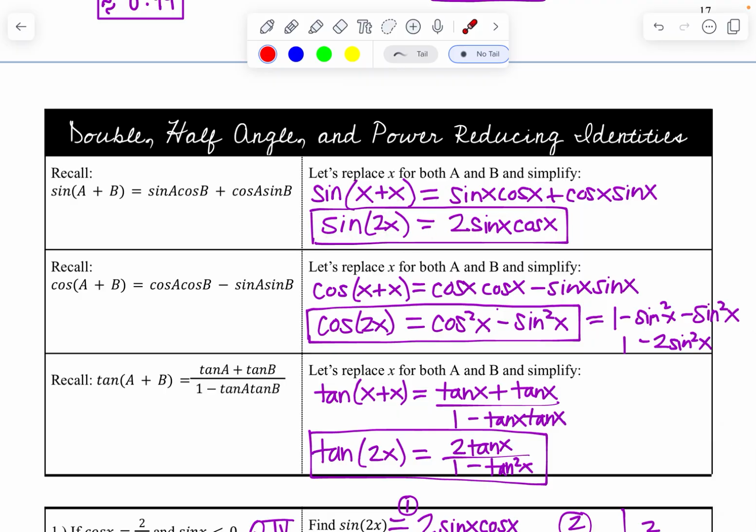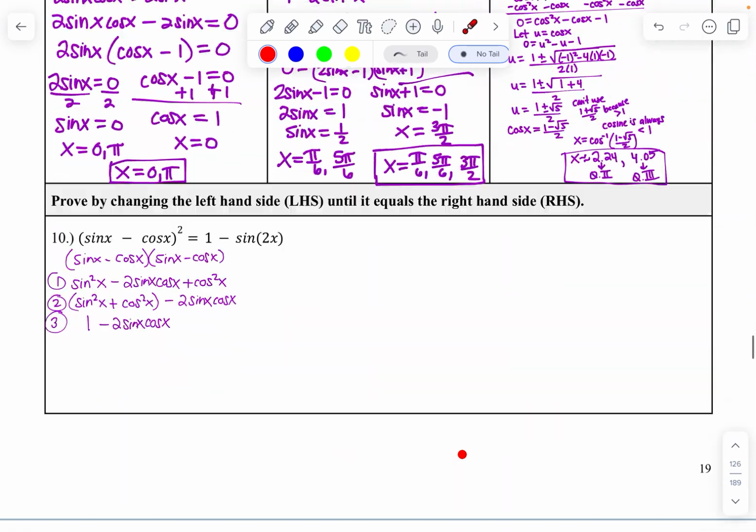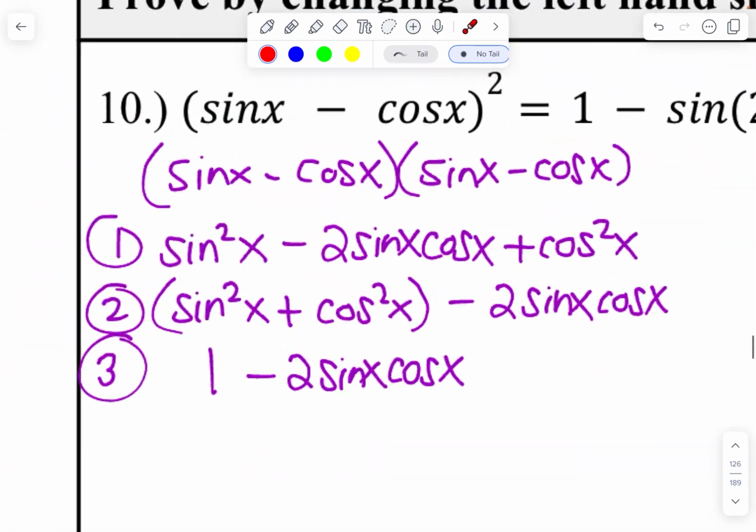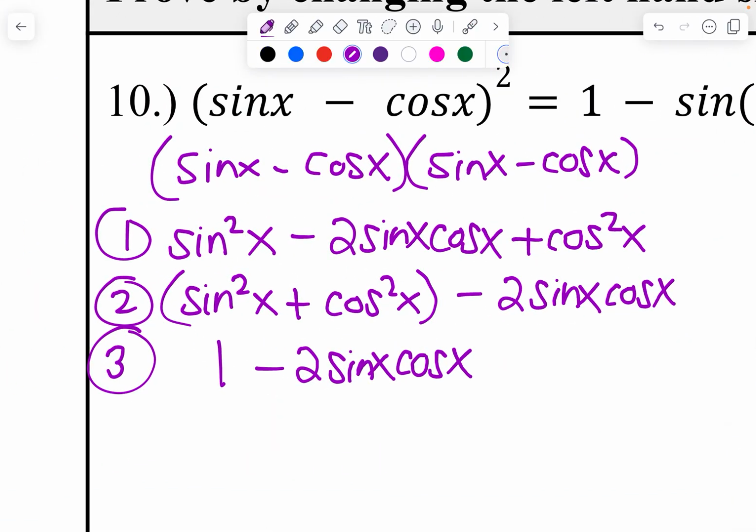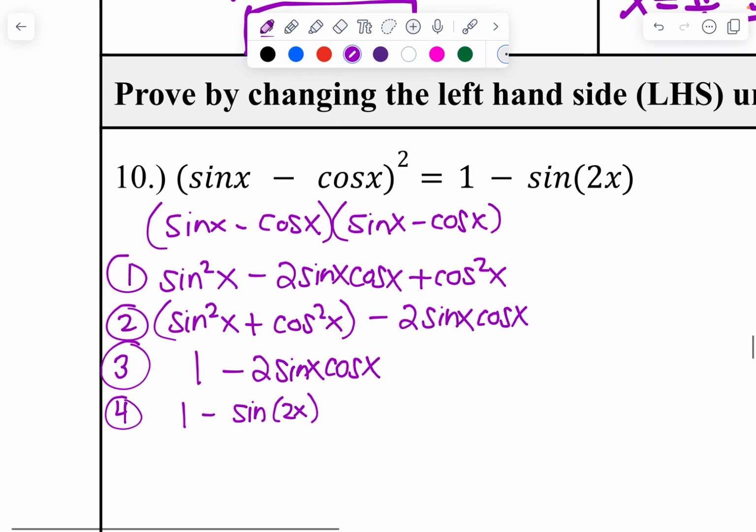The sine of 2x always equals 2 times the sine of x times the cosine of x. So anytime we see 2 times the sine of x cosine of x, we can replace it with the sine of 2 times x. And that's exactly what we were supposed to get. That's the equivalency of the right-hand side.